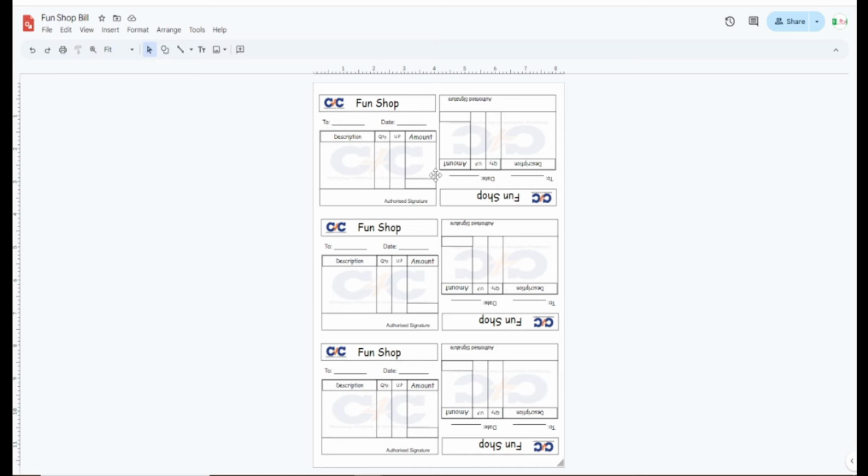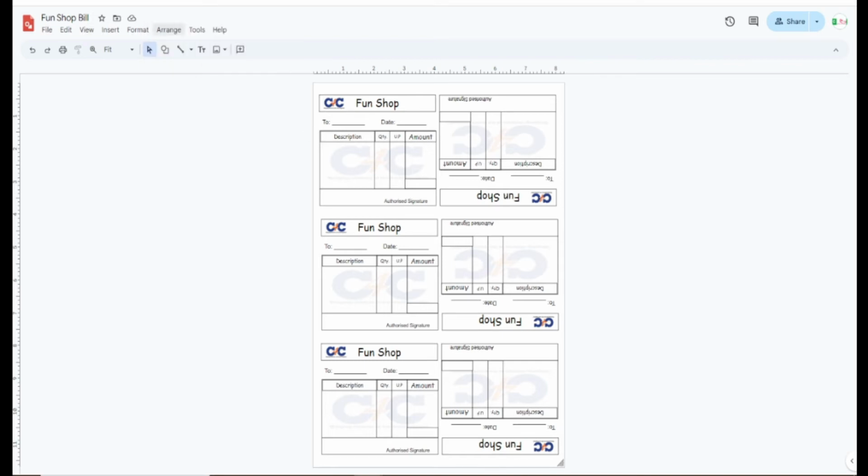This shop has different stationery items like pen, pencil, eraser, all the stationery things. This is the bill for whichever articles they purchase. This is run by the students themselves. There will be no outsider running this shop.